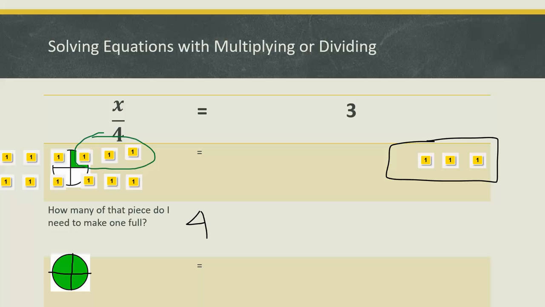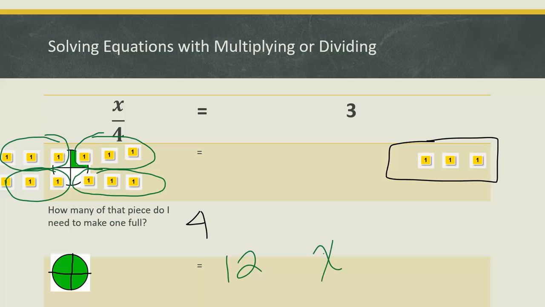That x over 4 equaled 3. So then I put 3 in the bottom one, 3 in the top left, and then 3 in the bottom left. So how many total pieces do I have? Counting up my ones tiles to make my full circle, I have 12 ones. So x is equal to 12. Let's check and see if that works.